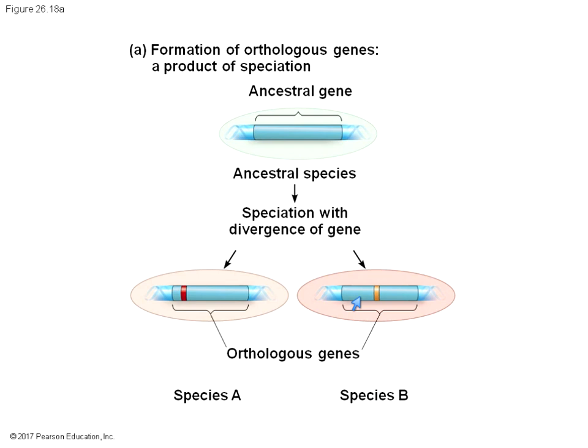This gene, same gene, but the mutation that's present in this species is a little bit different. These are considered to be orthologous genes. They're the same gene, but slightly different, and those differences occurred after species A and species B came from this ancestral species. So this is after speciation has occurred.